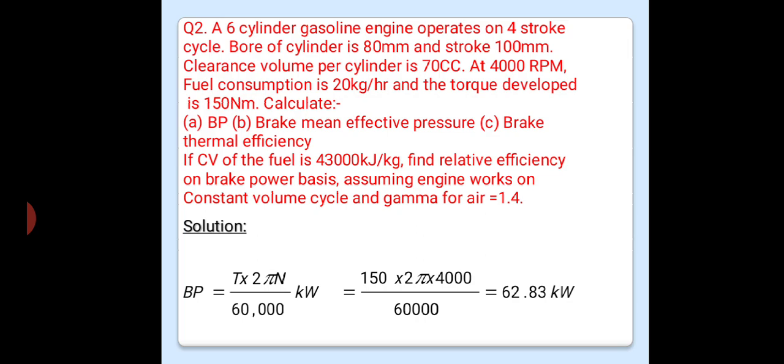So we substitute the values: BP is equal to 2 pi NT divided by 60,000, which is equal to 150 into 2 pi into 4000 divided by 60,000. We got the answer 62.83 kilowatt. This is the brake power, the first unknown we have found.